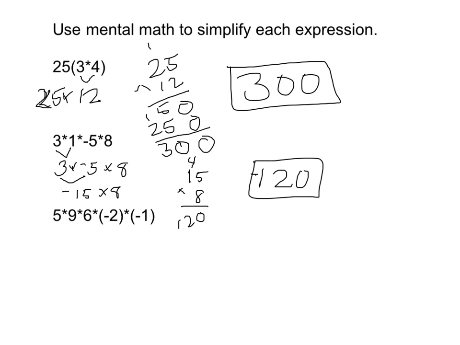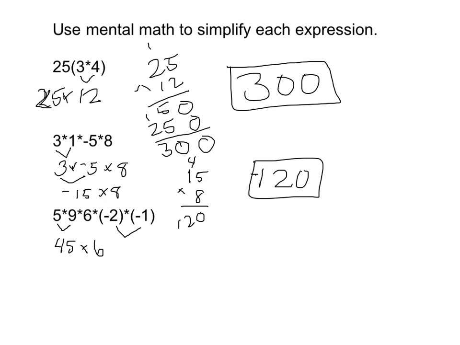Alright, now the next one is a little bit tricky, so please pay very close attention. I'm going to start off by doing 5 times 9 is 45. Again, because of the associative property, it doesn't matter which one I do first, I just can pick. Then I'm going to bring down times 6, and then I'm going to multiply negative 2 times negative 1, because I can do that really quick in my head.